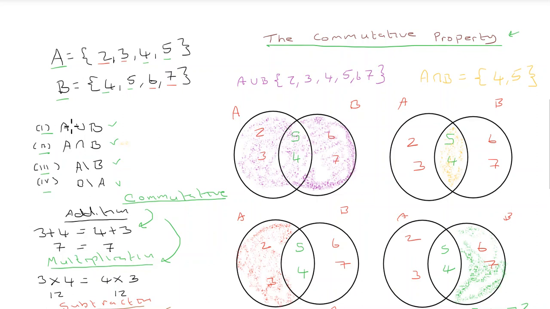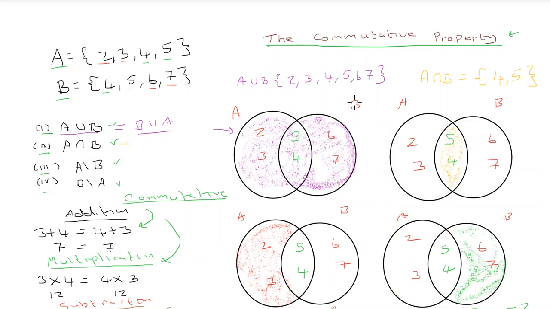If we take A union B, it is equal to B union A. Okay, so it doesn't matter which way you write this. If you write A union B or B union A, they're equal to each other. They're going to contain exactly the same elements either way.